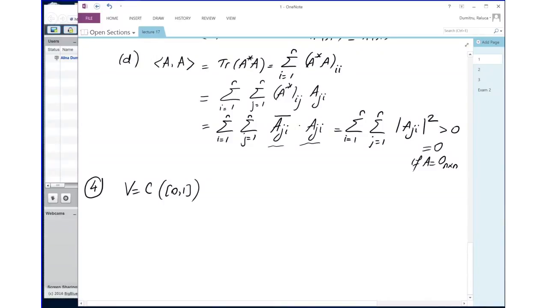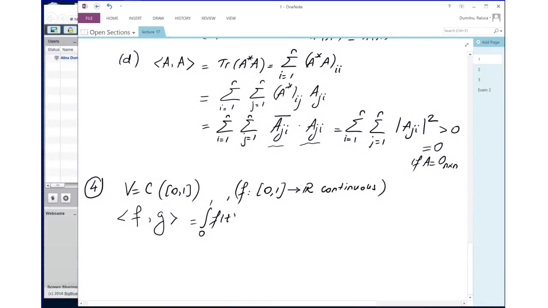V is the vector space of continuous functions defined on 0, 1 with values in R. So on this one, define the following. What will be an inner product? So inner product between f and g is the integral from 0 to 1 of f of t times g of t dt.